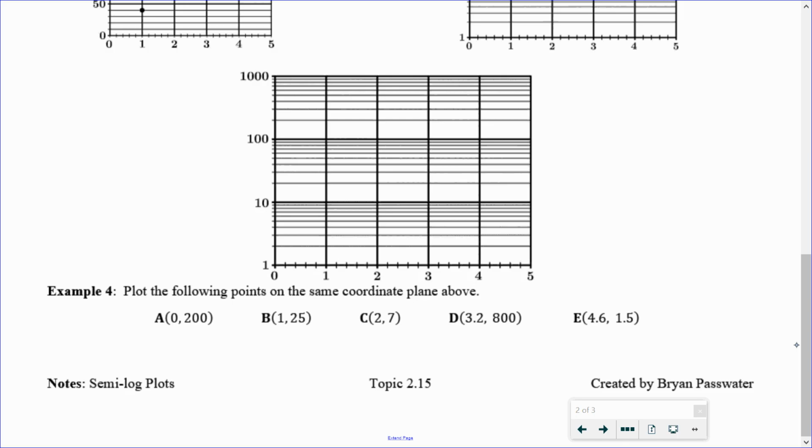See if you got them right. Make sure you got them right.